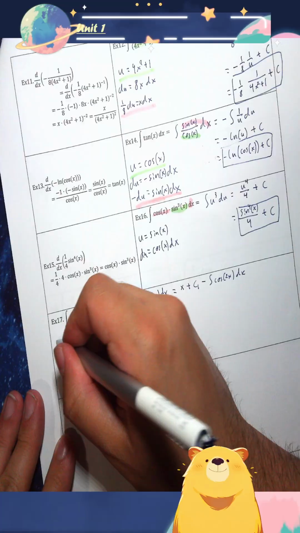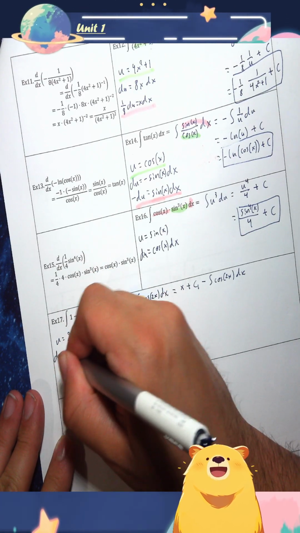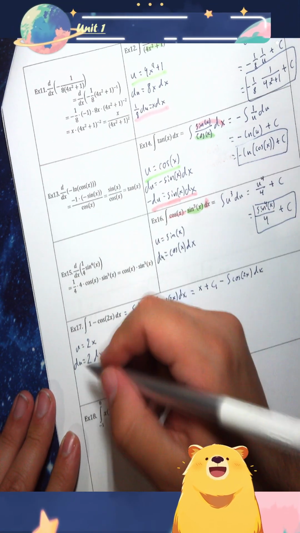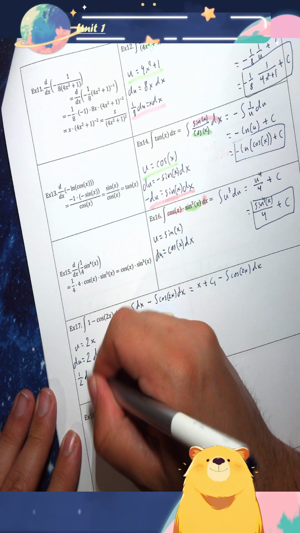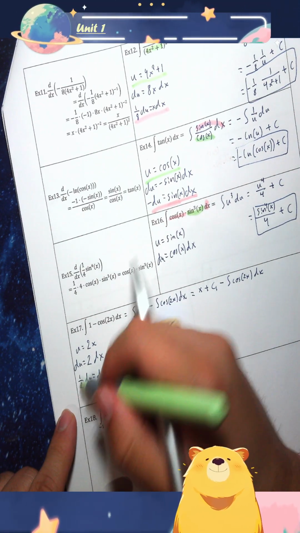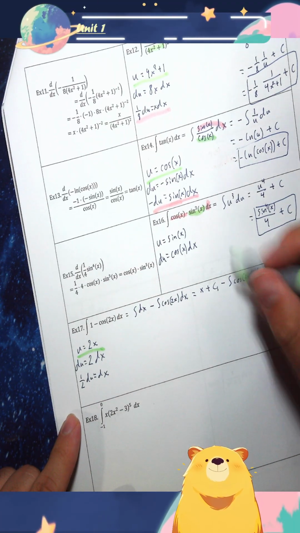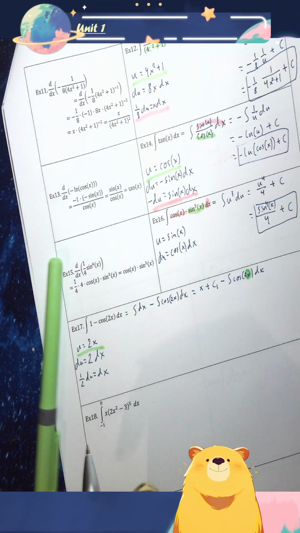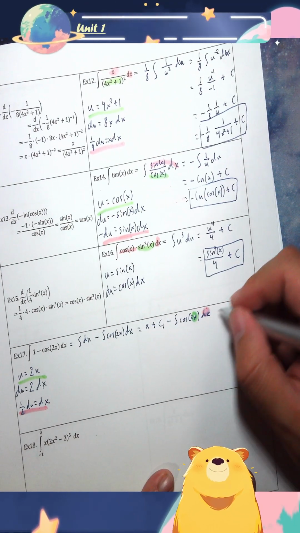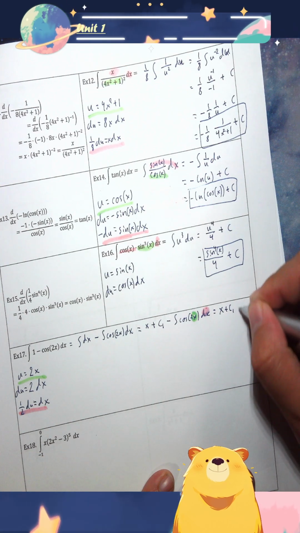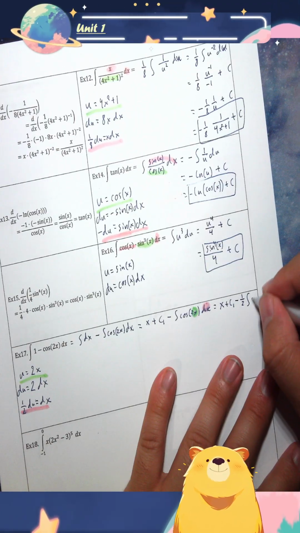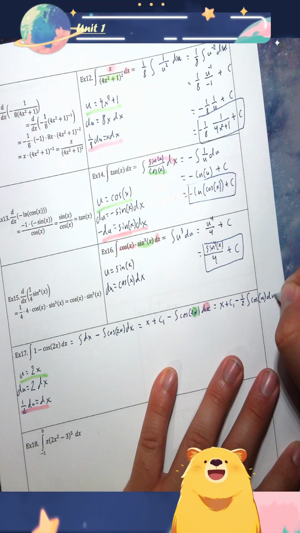All right, so let's make u 2x and du be 2 dx. We don't see 2 dx here, so we have to make it work with this equation, and we definitely can. So this gets replaced with u, and then this dx gets replaced with a 1/2 and a du. We have 1/2 integral, and then we have cosine of u du.